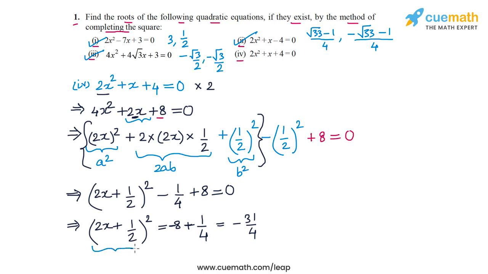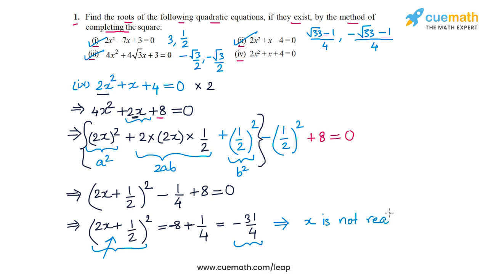So the square of a number is equal to minus 31 by 4, and this means that this number cannot be a real number, because the square of any real number must be non-negative. It cannot be negative. So what we can conclude from this is that x is not real.